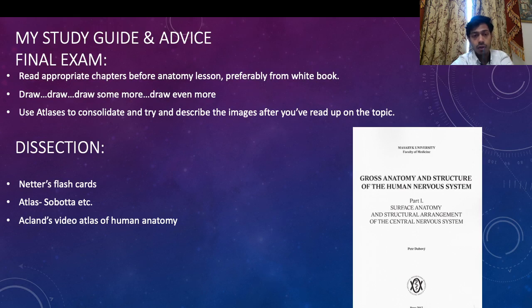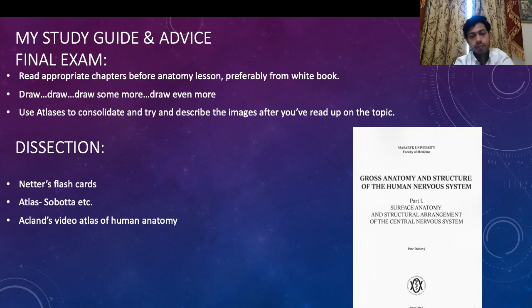Drawing will also give you more confidence when you have to describe and answer questions, and it gives you a 3D perspective, which is quite useful in exams when perhaps you don't quite understand what you've been asked. If you can visualize it into an image, maybe you might be able to get yourself out of a tricky situation. And the final point is to use the atlases to consolidate.